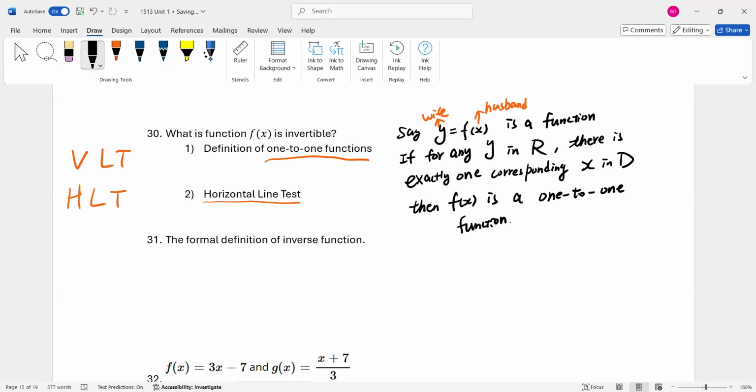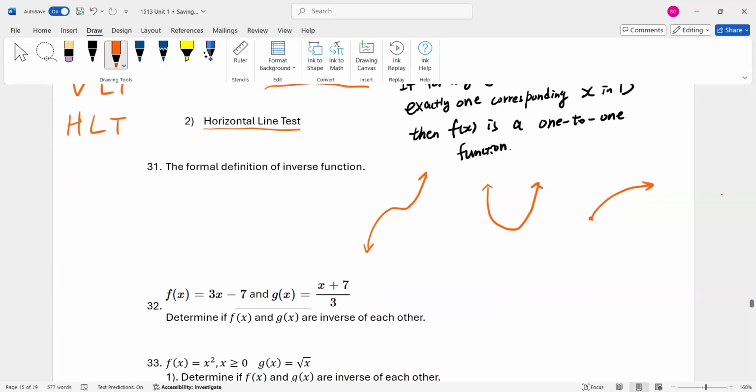I can give you some examples. Let's say this is the cubing function. This is the square function. This is the square root function. Remember that? This is the reciprocal function, two pieces. To graph the reciprocal function, it's better to have a scale here. One branch here, one branch here.